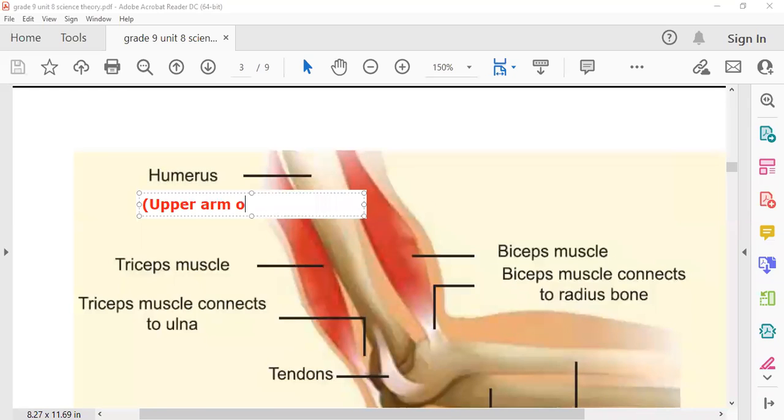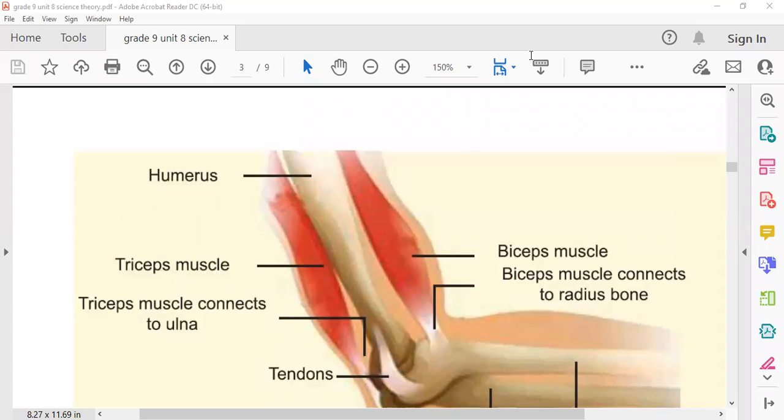Upper arm bone is called humerus. Have you marked it? Yes, sir.